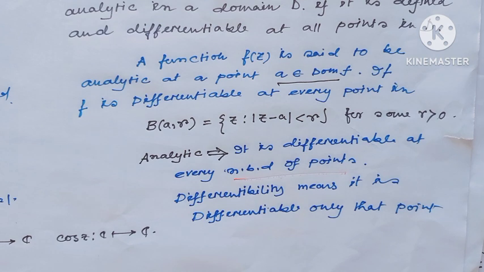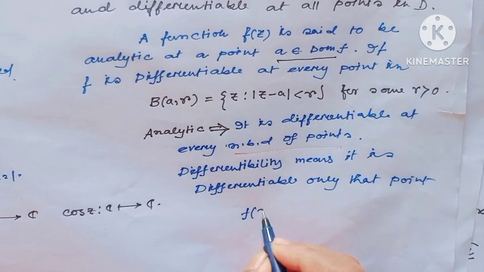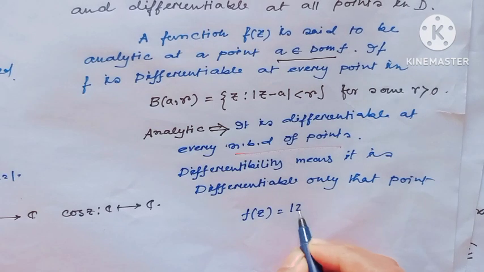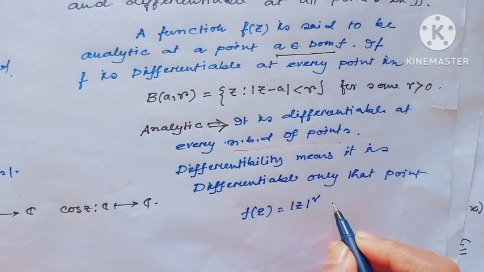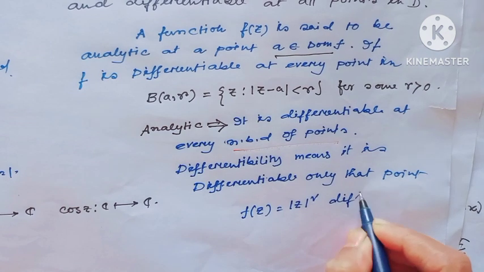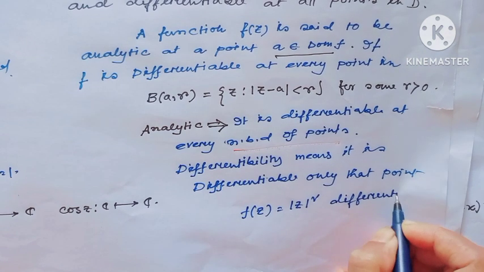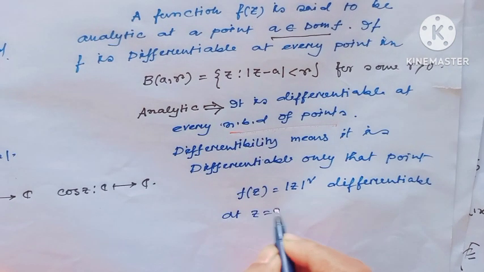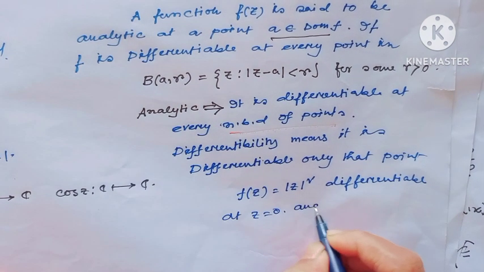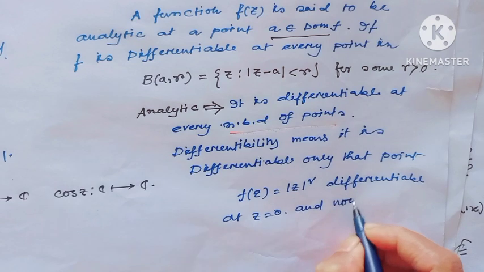Differentiability depends on a point. As an example, f(z) = |z|^2, and we all know it is differentiable at z = 0 and nowhere else.